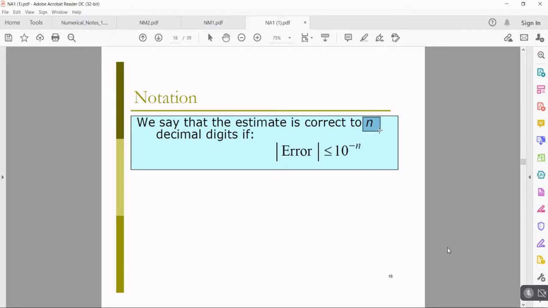Because we get x1 from x0, then x2 from x1, then x3 from x2, and like this we go on. So we can go till infinity. So we stop somewhere by giving a fixed criterion: I will stop my iterations if my error is less than 10 raised to power minus 10 or 10 raised to power minus 20, whatever is fixed by you or your system, and then you stop.